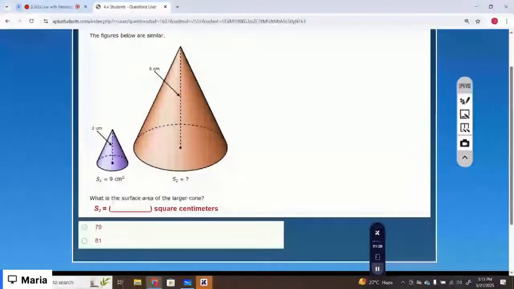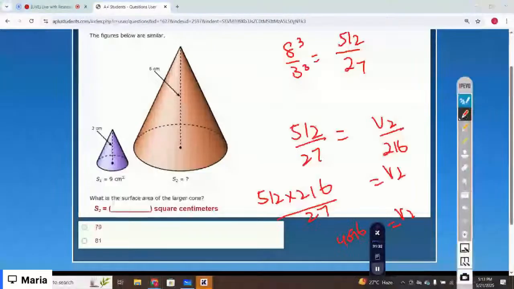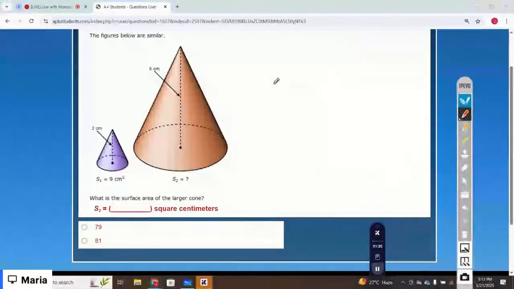The figures below are similar. That is 6 divided by 2. We need to calculate the area, so we need to calculate this.